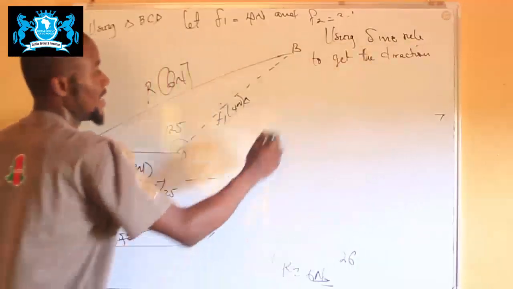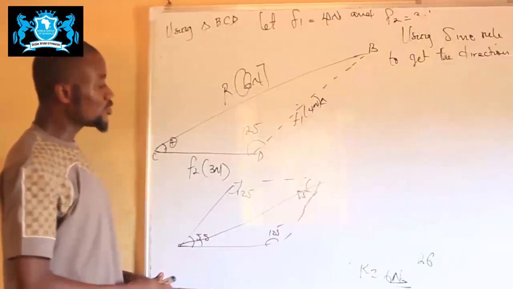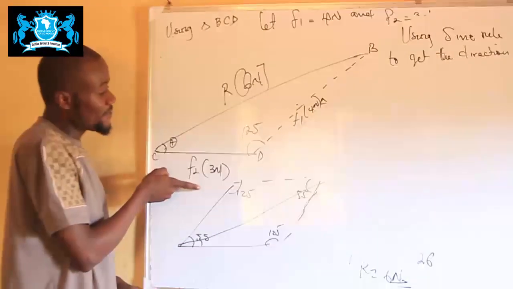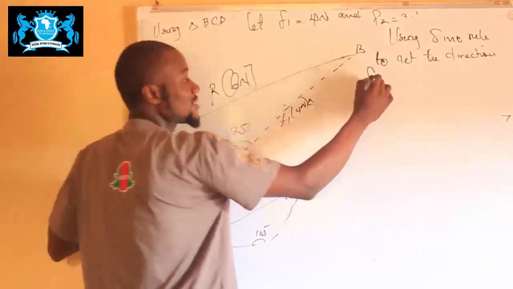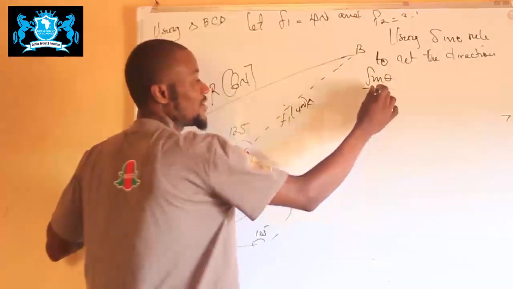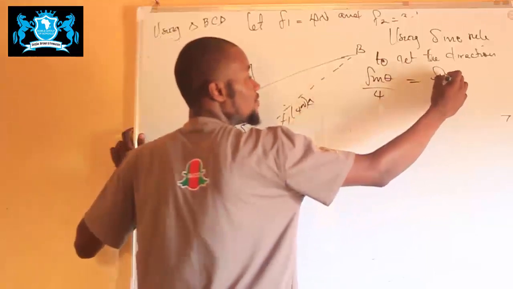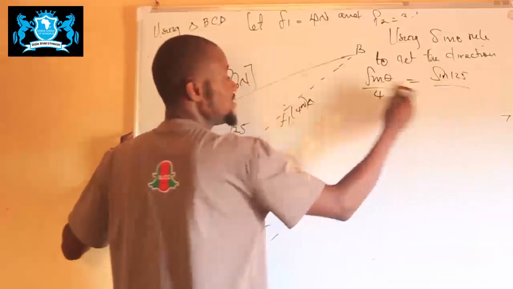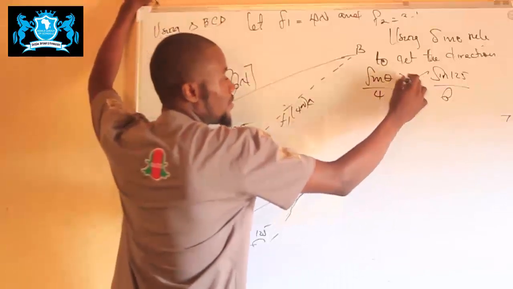we now have that. Now we are using sine rule, it has a pattern. It tells you the side and the angle facing that side. So sine theta over the side facing it, which is 4, equals sine 125 over the side facing it, which is 6. So cross multiply.